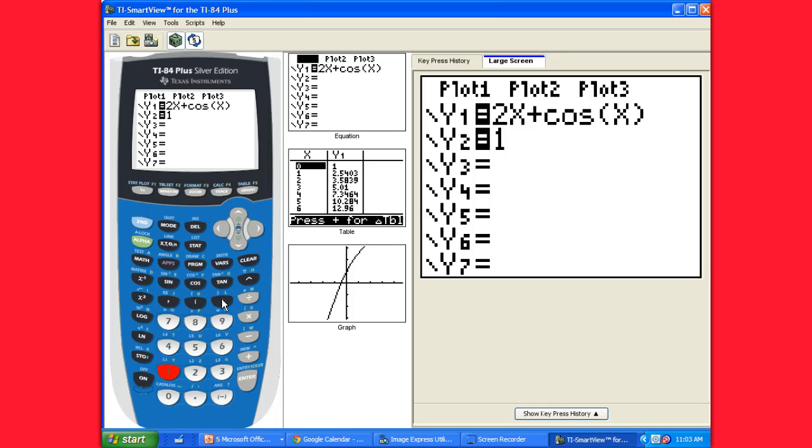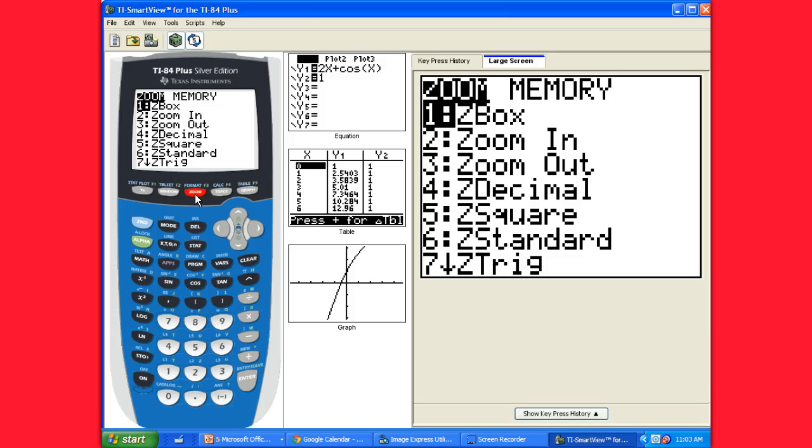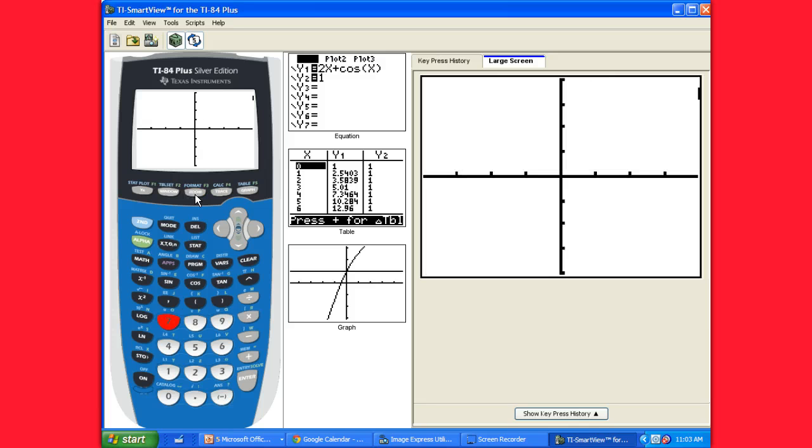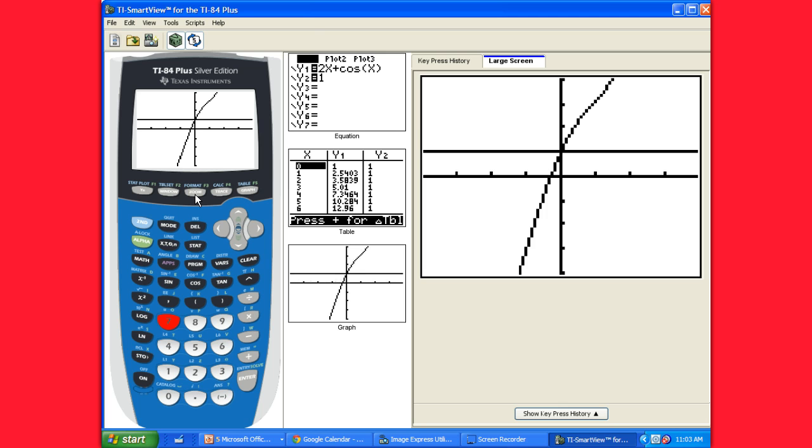You can do whatever zoom you want to. Typically, when I'm working with the trig function, I do a zoom 7, a zoom trig, but you could do whatever you wanted to. So there's 2x plus cosine x, and there's y equals 1. And it looks pretty obvious that their point of intersection is at 0, 1, but I could just double check that.